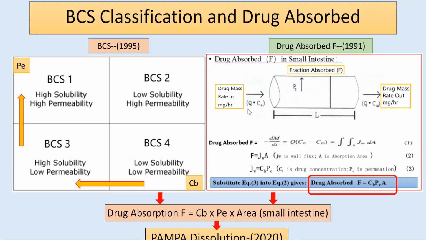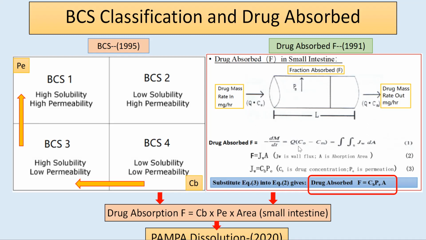From the left side is Q times C0, which is the mass rate, and the exit side is Q times Cm, which is the mass rate out, and whatever comes in minus comes out, the difference is absorbed. Because the drug is mass balanced.